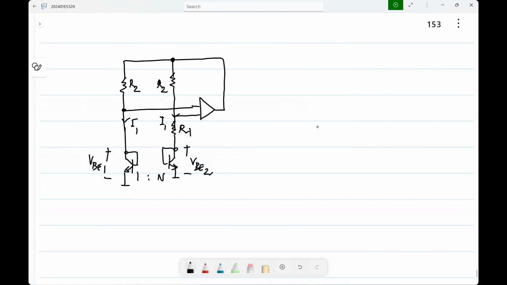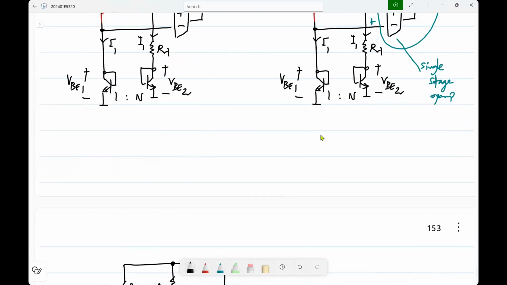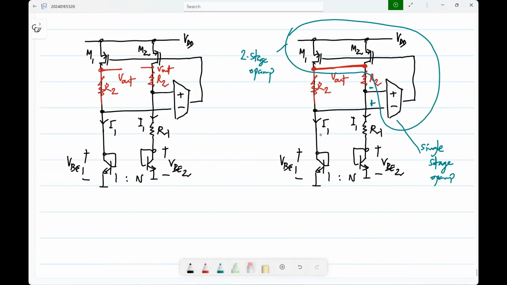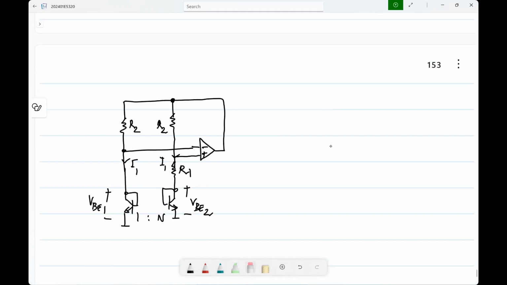This is exactly the same, right? So basically, you can use a two-stage op amp there, where the second stage is whatever transistor is providing this. But of course, it doesn't mean that you have to use only that op amp. You use any op amp here, it will work in the same way. Basically, it is going to force these two nodes to be the same. So this voltage will be whatever is required to force those two, right? That is the PTAT condition. And if you choose R2 correctly, that is the ratio R2 by R1 correctly, this voltage will be the reference voltage.